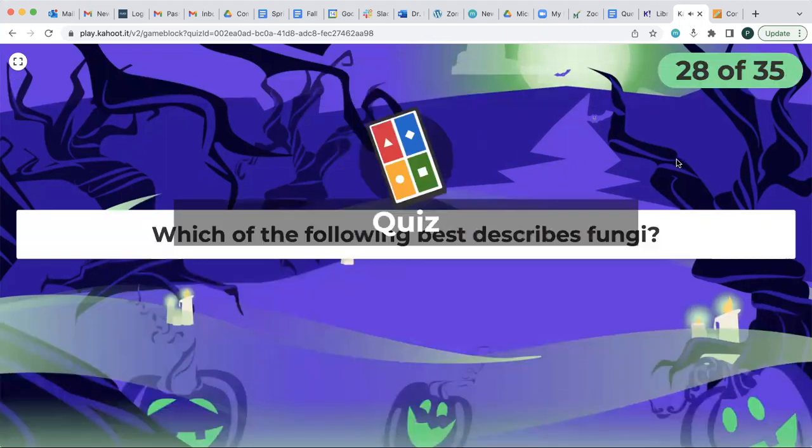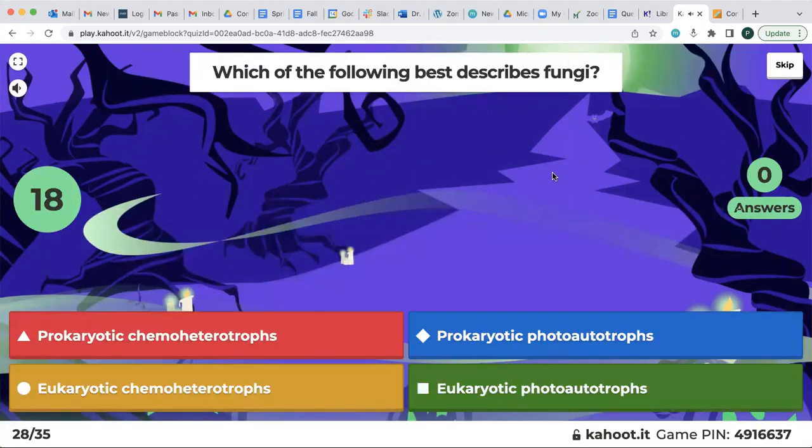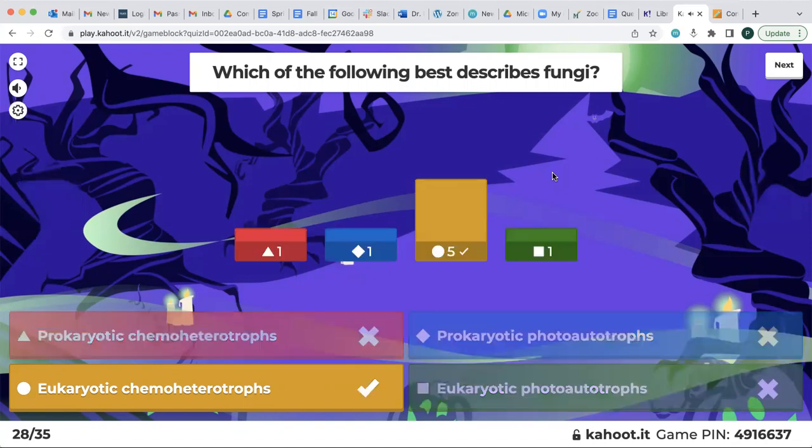Which of the following best describes fungi? Eukaryotic chemoheterotrophs.